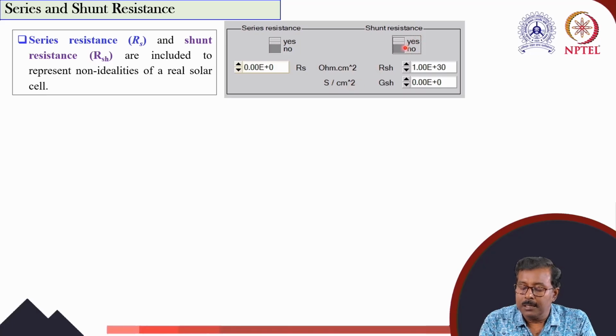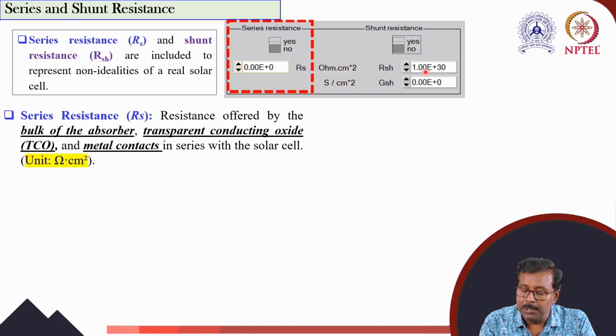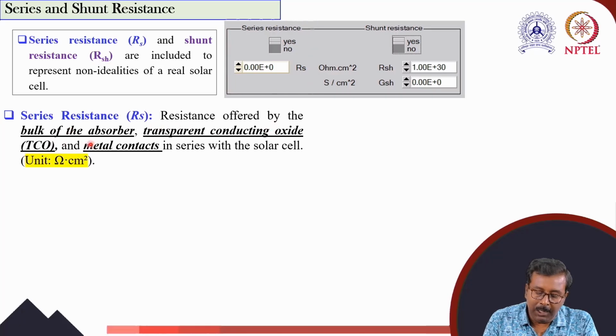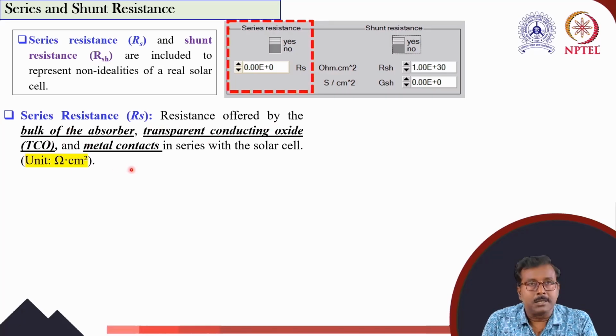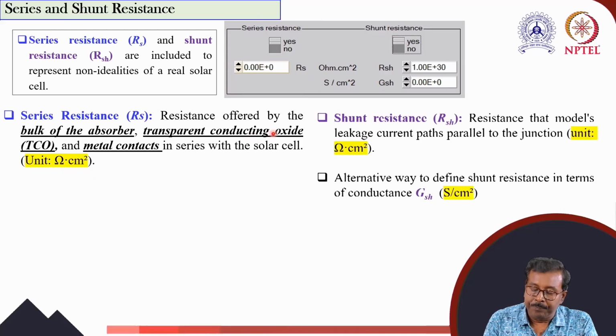And shunt resistance, if it is yes, again you have an option to put the value, and generally shunt resistance is very high, ideally it is infinity, so you can mention a very high value here. This series resistance is offered by the bulk of the absorber layer, etc. So this can be implemented by using this.